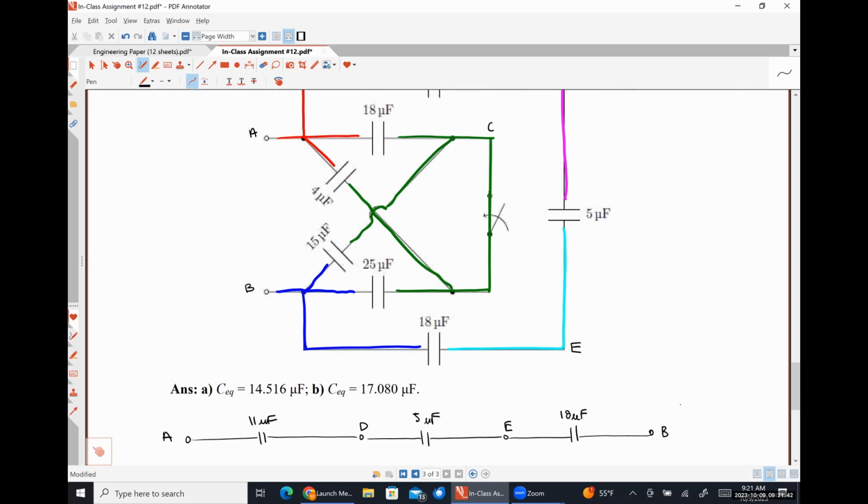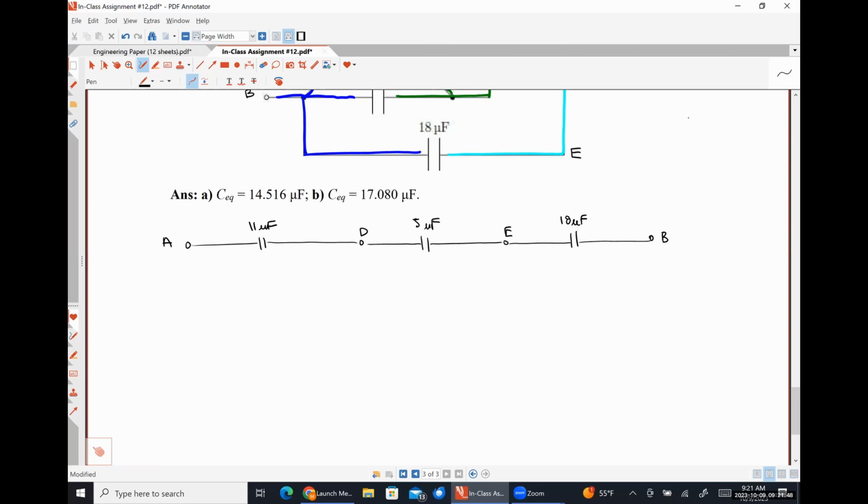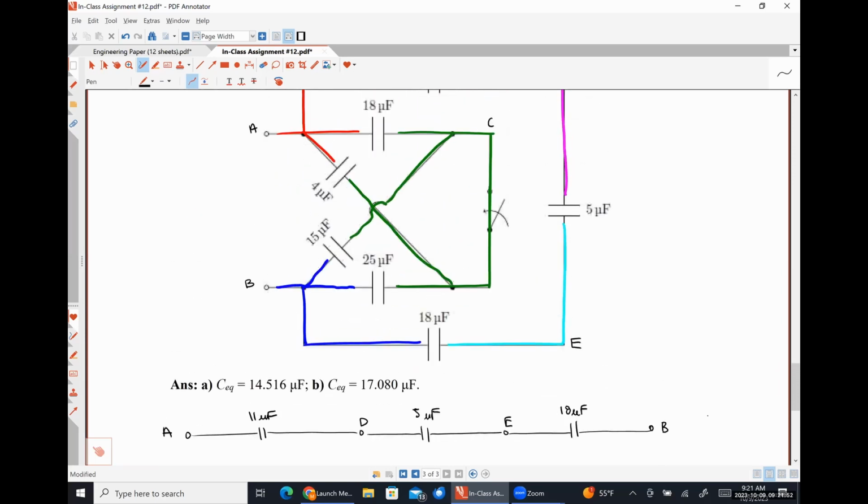The other path that we could take would be to go from A to C to B. So I'm going to put C here in the center. I can go from A to C in two different ways. I can go through the 4 microfarad or the 18 microfarad.